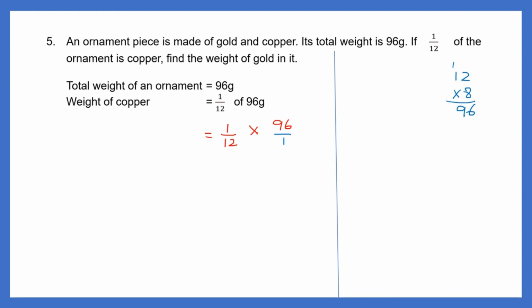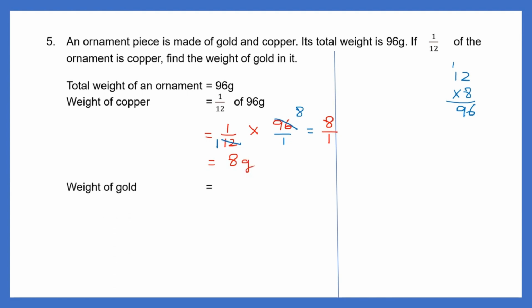So 12 eights are 96. So let's cancel both 12 and 96 by 12. 12 ones are 12. 12 eights are 96. Now let's multiply the numerators. 1 eights are 8. 1 ones are 1, which is 8 grams. So weight of copper is 8 grams.